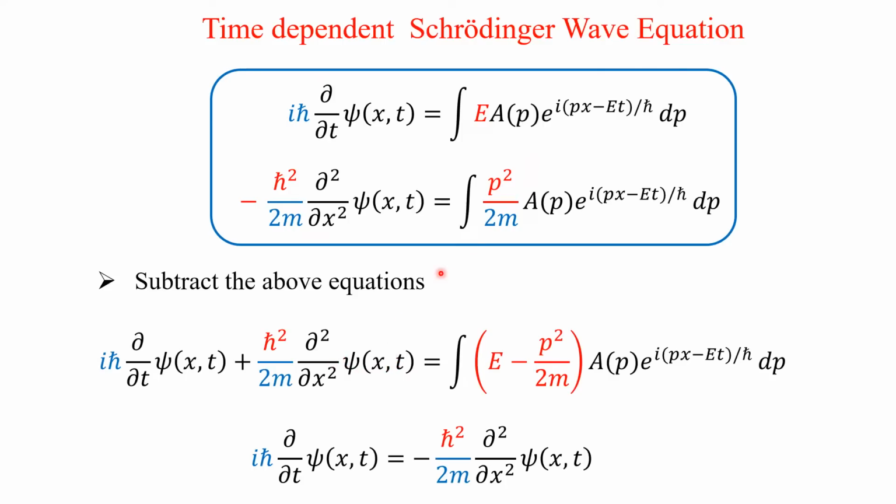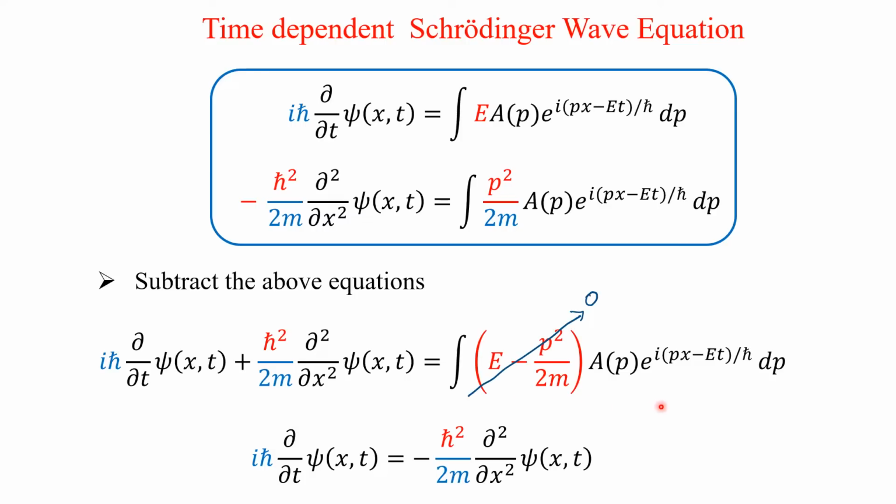On the right hand side you will get E minus p squared over 2m, then the rest of the integrand part. Now, by definition, we started with a free particle. For a free particle, E is equal to p squared over 2m. So that means this term will become 0.